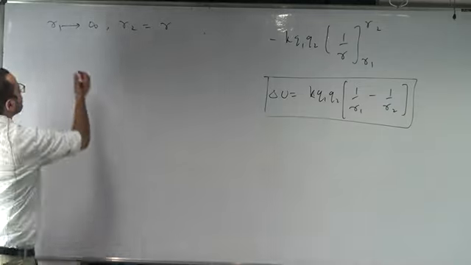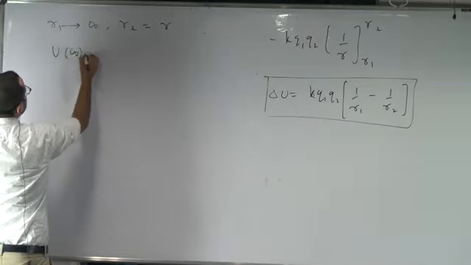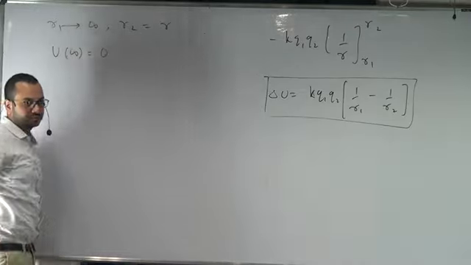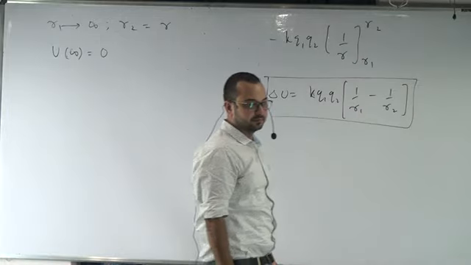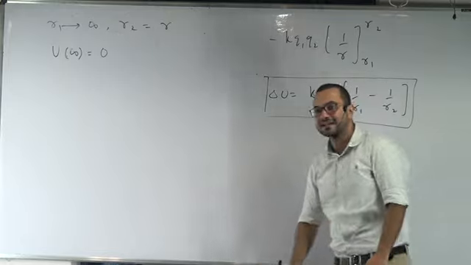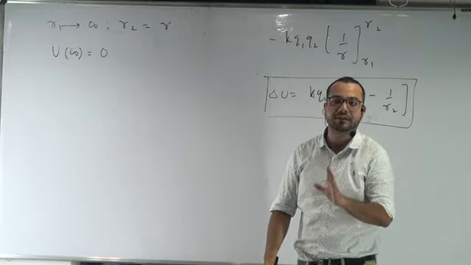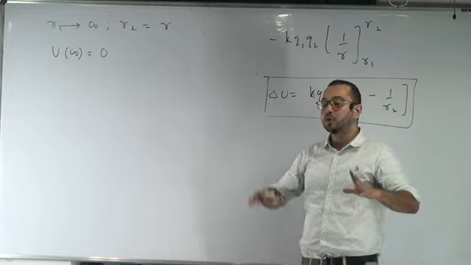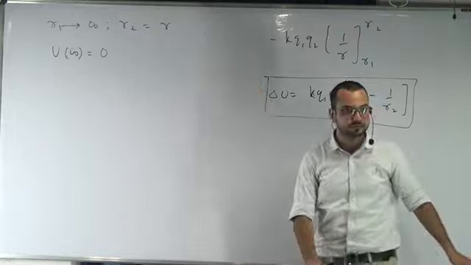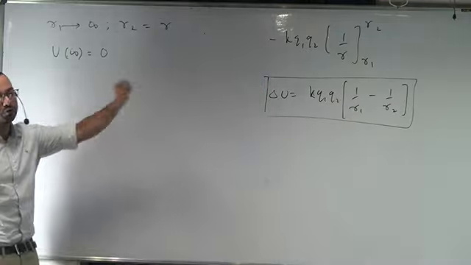And what I'm assuming is that the potential energy at infinite separation is 0. That is my assumption. It's not necessary that you believe in this, but whatever potential energy term we are calculating is based on this assumption. Is that correct? So all I'm going to do is substitute it here.